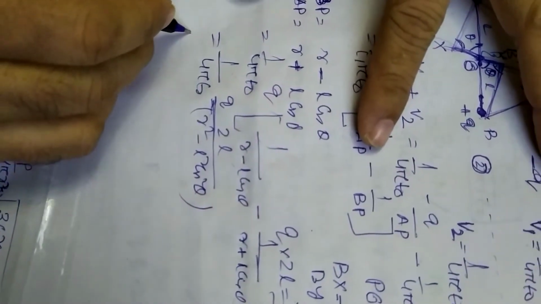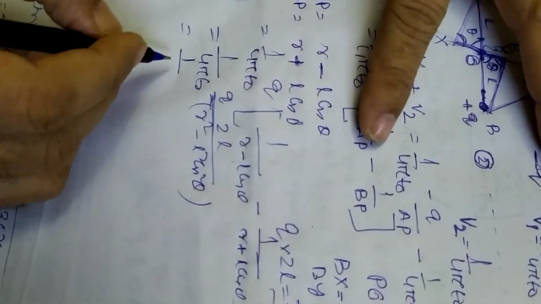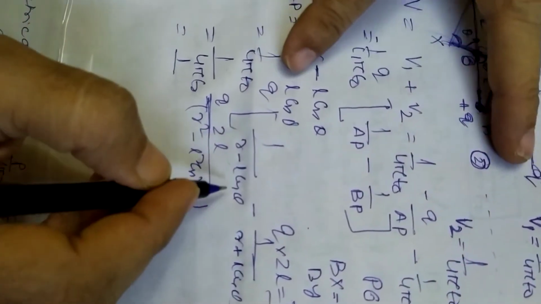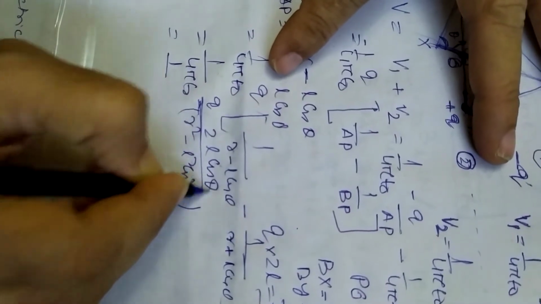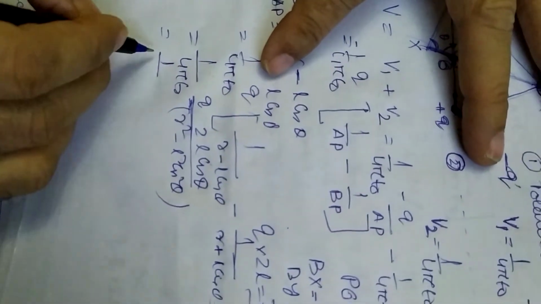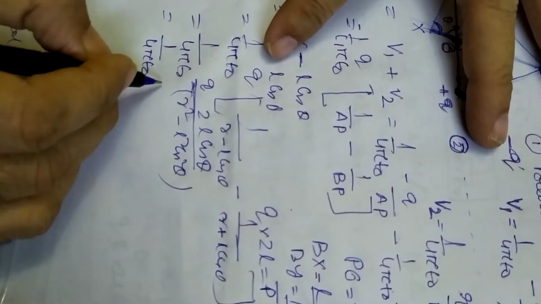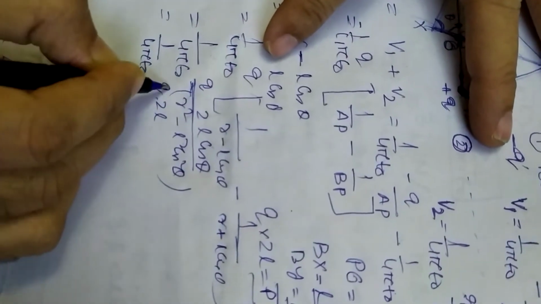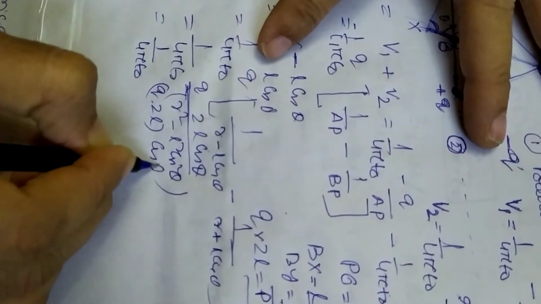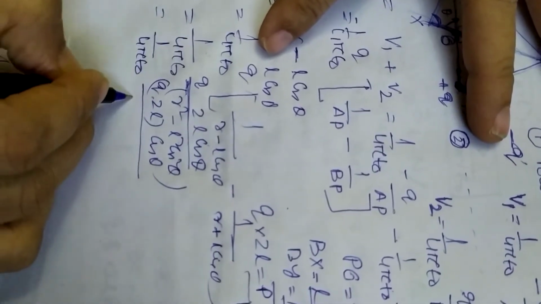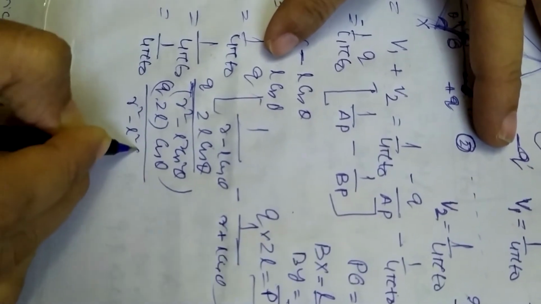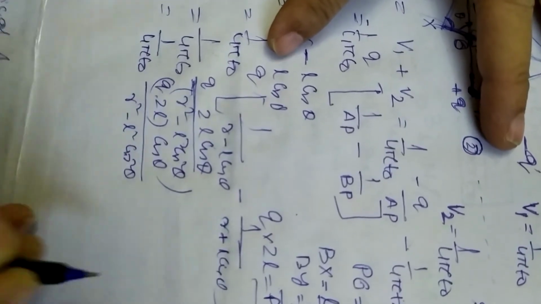Now we are simplifying it, and this one will be 2L cos theta. So we are writing 1 by 4 pi epsilon, Q into 2L, and cos theta divided by R square minus L square cos square theta.